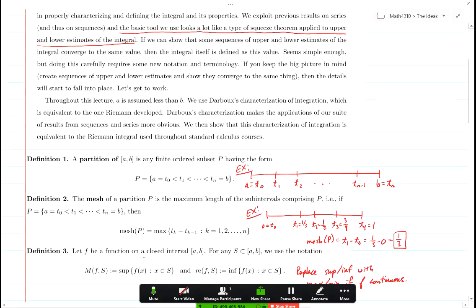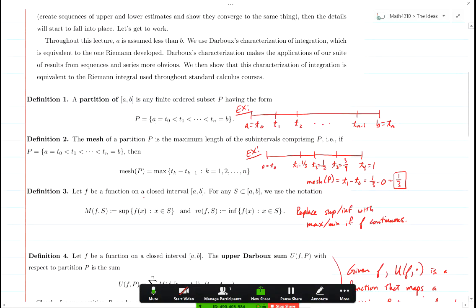First, a bunch of notation just so that we can orient ourselves about what terms mean, with simple examples and pictures to explain the initial definitions. A partition of an interval a to b is simply a finite ordered subset of numbers. It has the form a equals t_0, which is strictly less than t_1, which is strictly less than t_2, and so on until you get to the final number t_n, which is equal to the right endpoint.